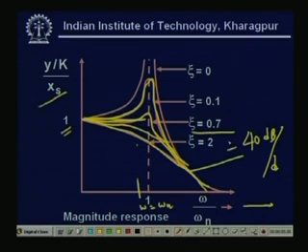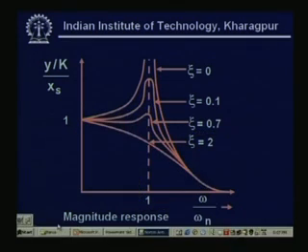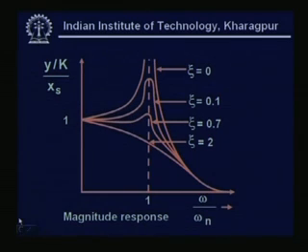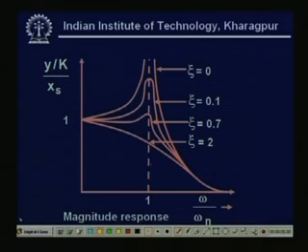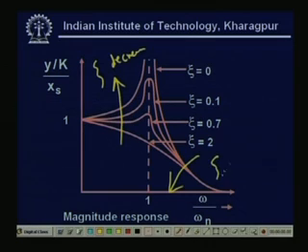So, as you can see this way, here it will look like this: as xi decreases, my response changes, and in this case as xi increases, I will get a response like this.